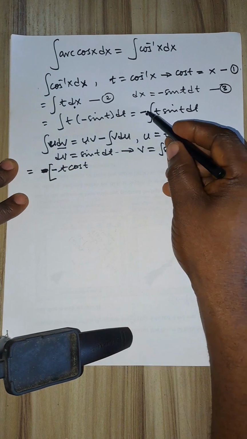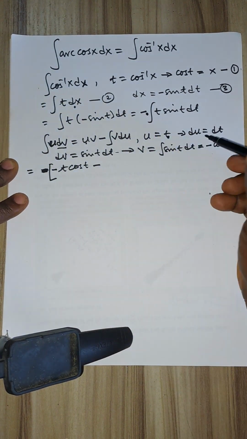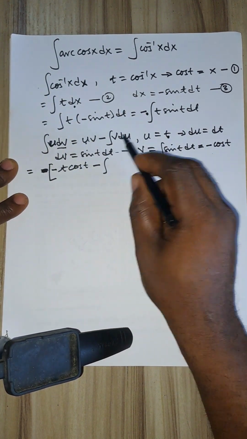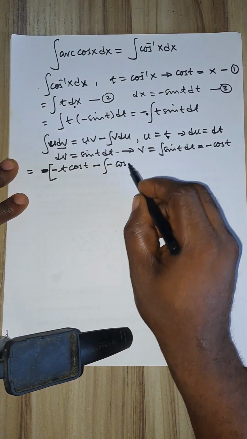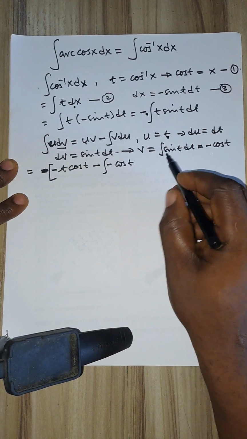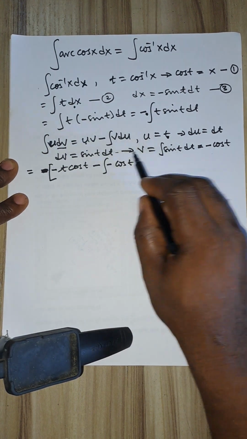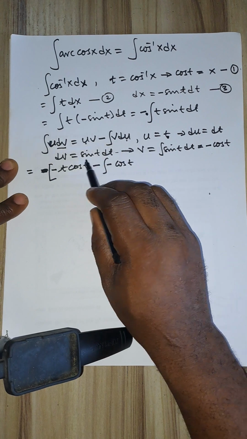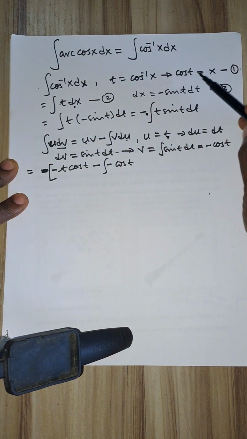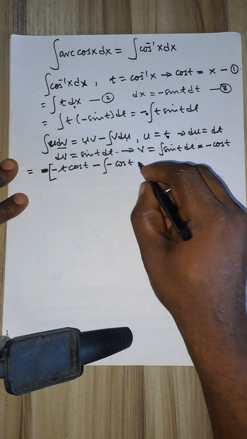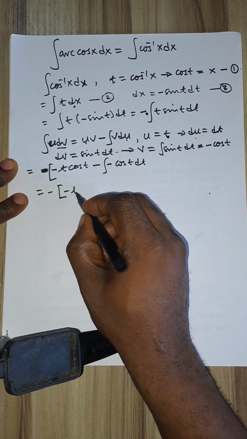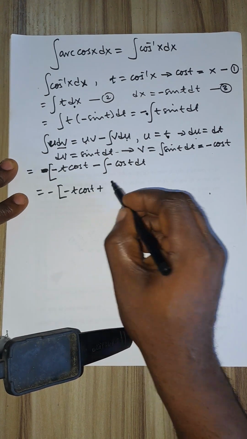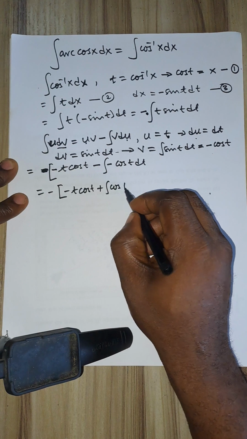Minus the integral of v du, that is negative cosine t dt, where du is dt. So we have negative, bracket, minus t cosine t plus the integral of cosine t dt.